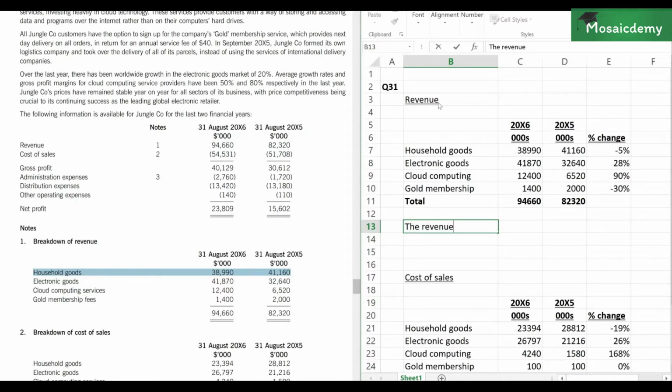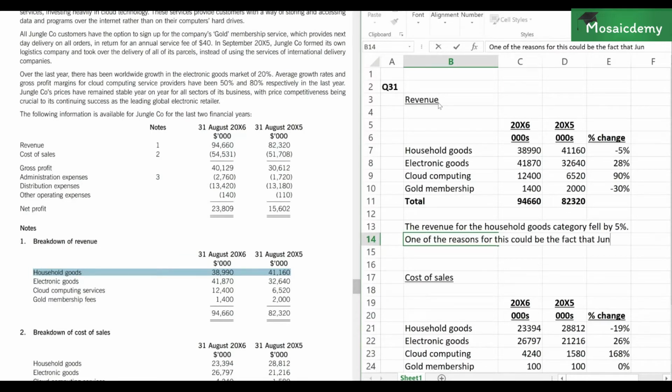The revenue for the household goods category fell by 5%. One of the reasons for this could be the fact that Jungle Co started using suppliers from Slovak, where labor is cheaper.